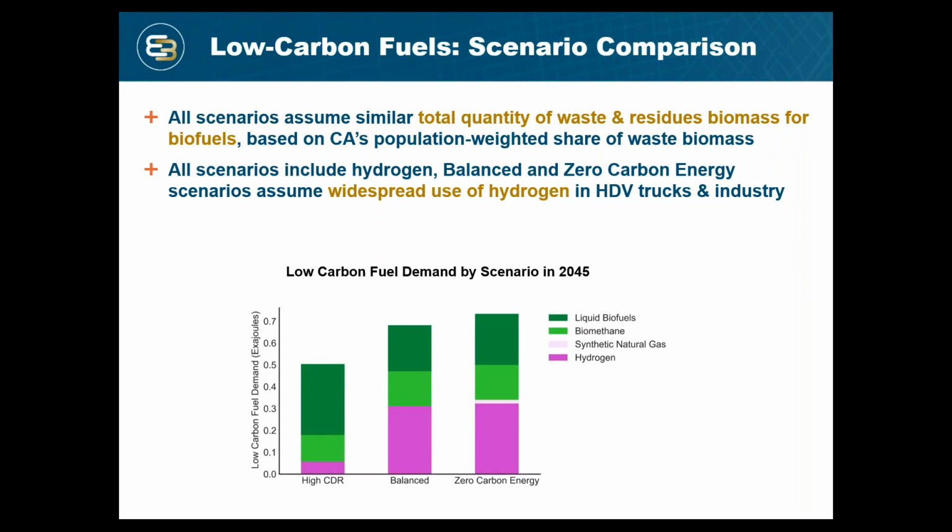We could end up seeing greater reliance on one or the other. In our work thus far, we're seeing that there is some potential for biofuels that are lower cost than hydrogen, but the cost of hydrogen is also potentially changing rapidly and coming down quickly as the cost of renewables and electrolyzers gets cheaper. So I hope that helps answer your question.